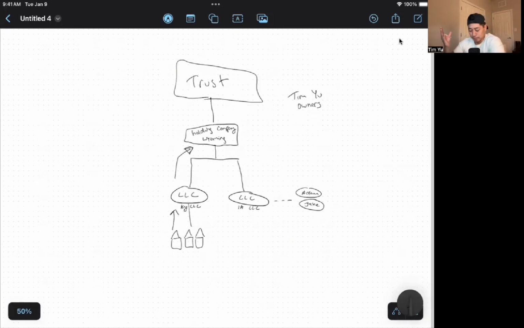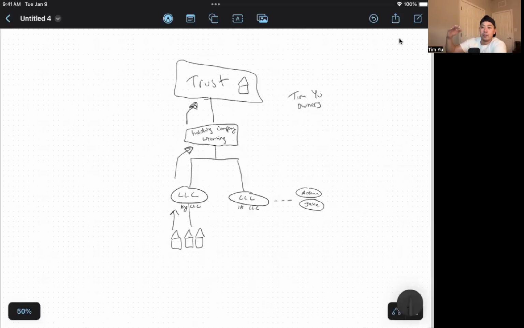I don't need to shelter or anything like that. But a trust does add some extra protection. Like I said, my personal residence is in the trust, but it just makes it super difficult for people to find you and to sue you, right? And there's a lot of tax liability and stuff like that.